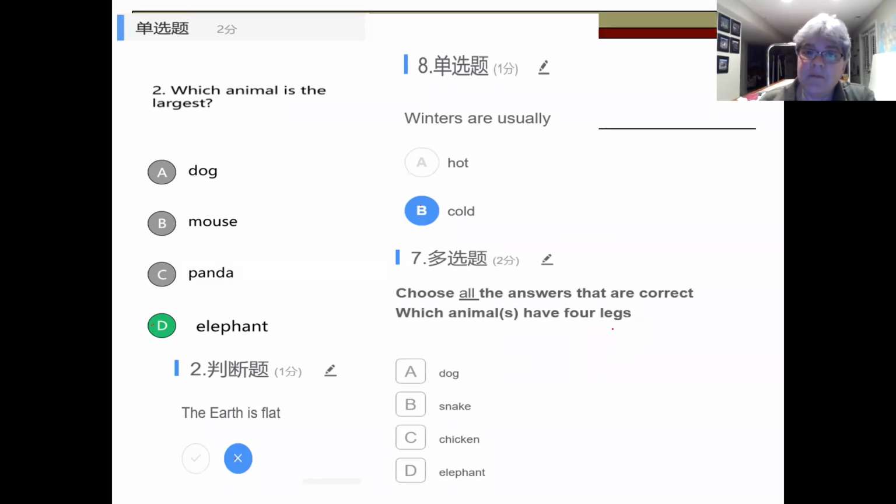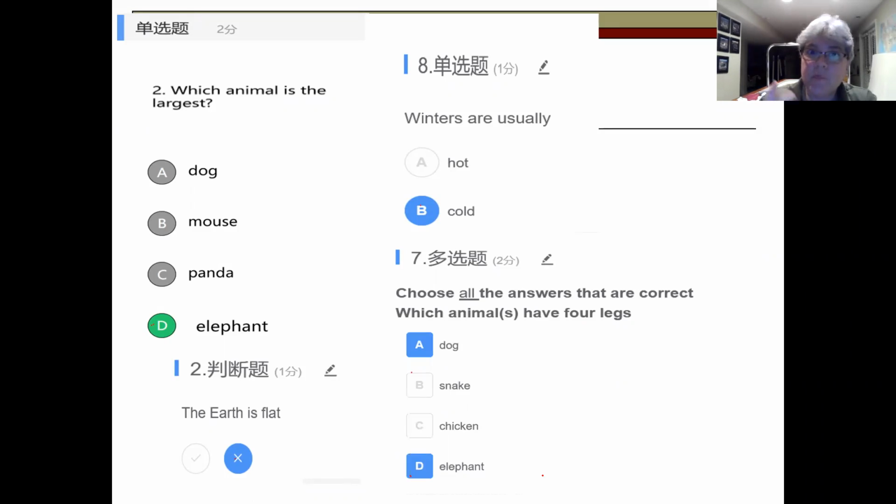So which animals have 4 legs? Well, of course, the dog and the elephant. So again, you just click on those and those will become highlighted in the system. I don't know why last time some of you were not answering these questions. Just click on the answers.